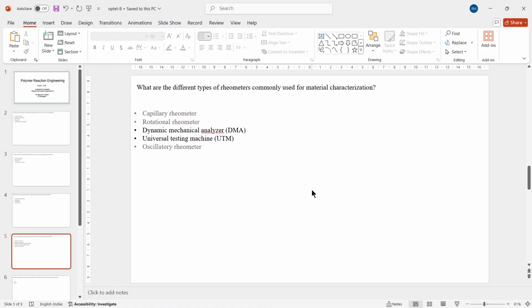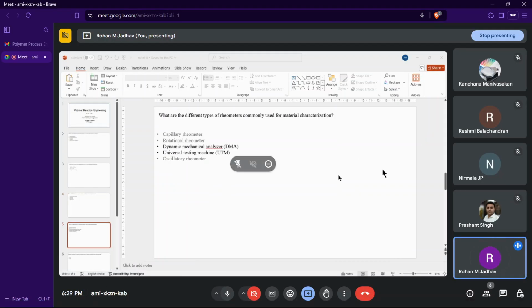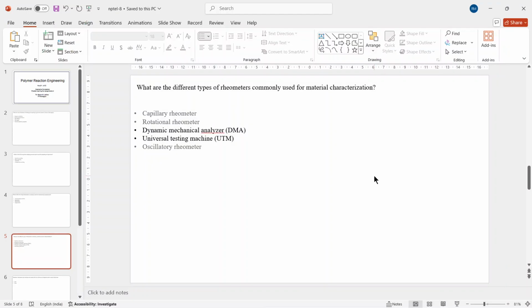So when you have a mixture of both of them in a single material, it creates complexity in the measurement itself, and that can only be resolved using the oscillatory rheometer, because viscoelastic properties are time dependent, and oscillation is also happening with respect to time.